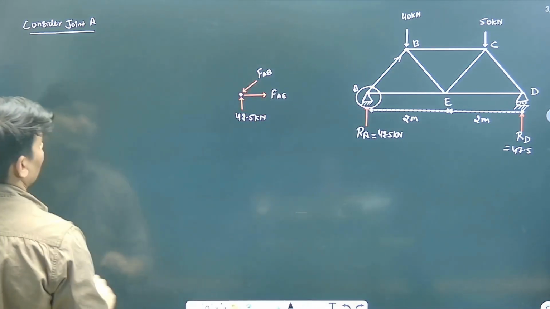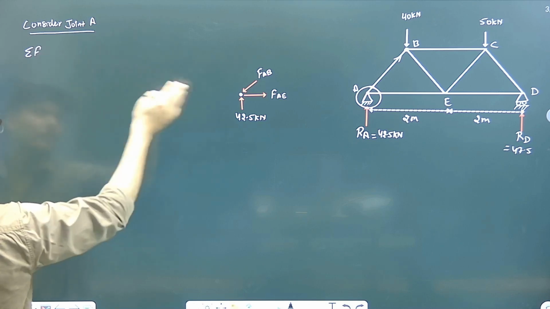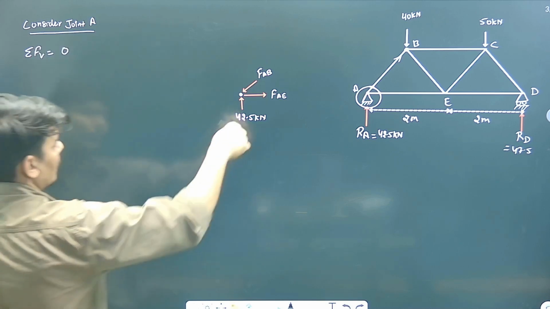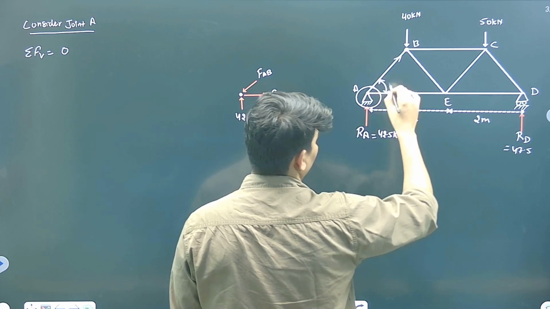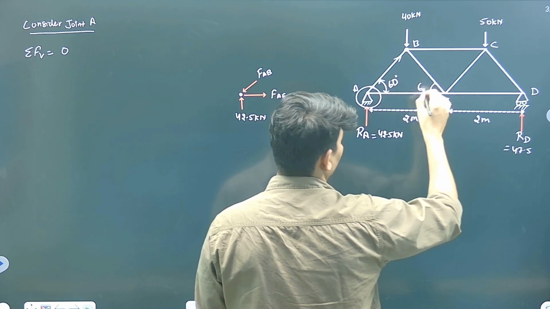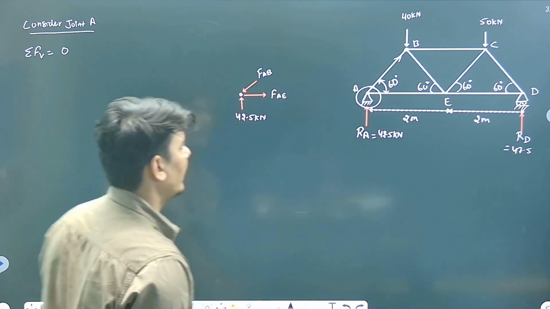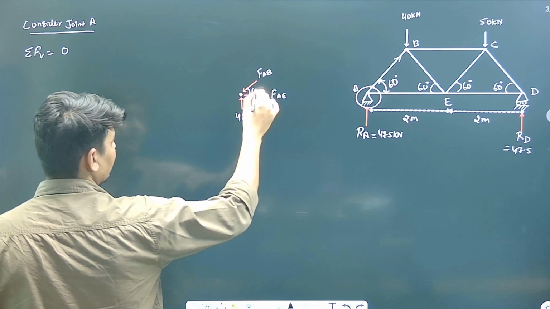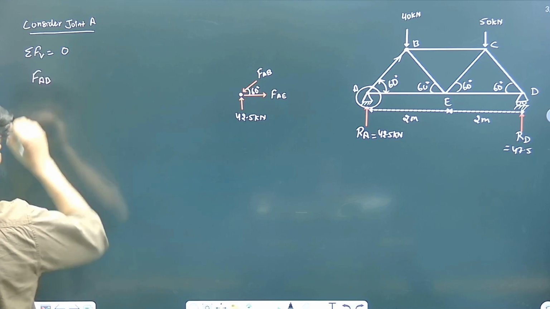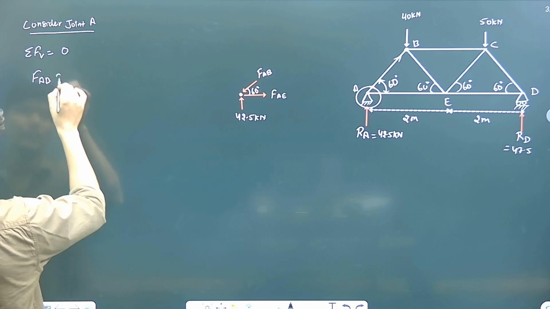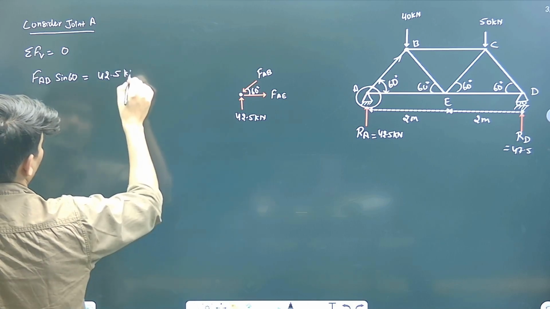Now for this situation, solving, first take the vertical forces. Vertical force should be 0. So how many vertical forces are there? Now you can see, suppose this angle is given as 60 degree. Every angle is 60 degree, right? So if this angle is 60 degree, the vertical component of this, acting downward, F of AB sine 60 will be equal to the upward force 42.5 kilonewton, right?